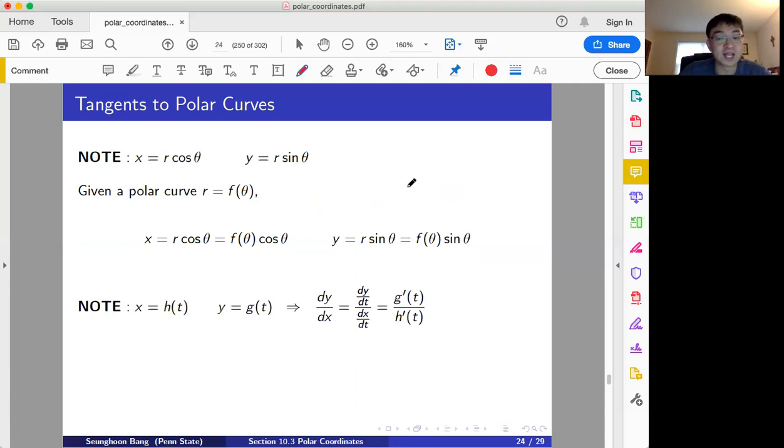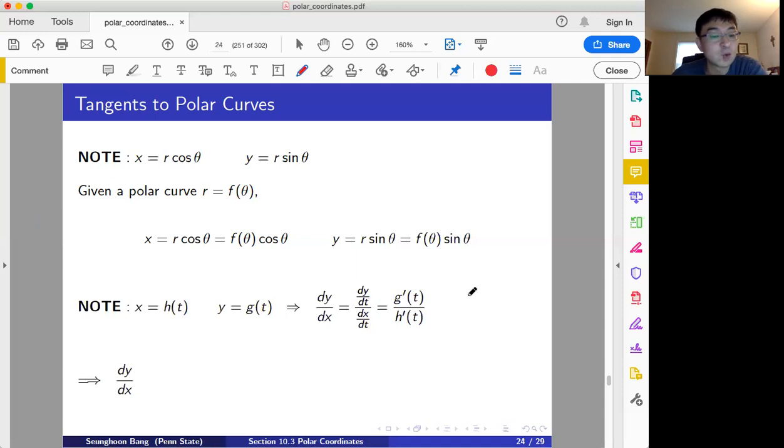Then dy/dx is dy/dt over dx/dt, exactly g prime of t over h prime of t. In this case we only replace t with theta: x equals h of theta, y equals g of theta. Exactly dy/d theta over dx/d theta, g prime of theta over h prime of theta. So this is the exact derivative of parametric equations.